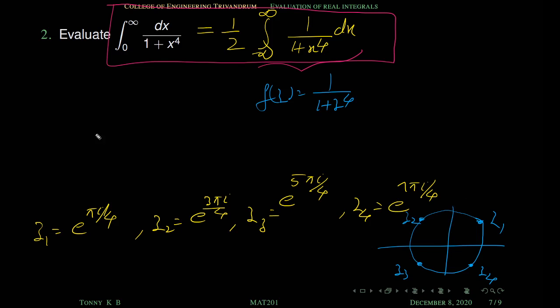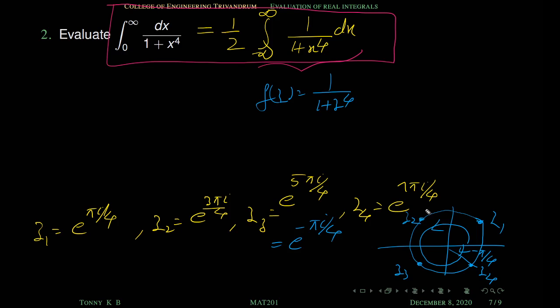We can also represent this complex number as e raised to minus pi i by 4, because this argument in the positive direction is 5 pi by 4, so this argument is minus pi by 4, right? So we can write this as e raised to minus pi i by 4.